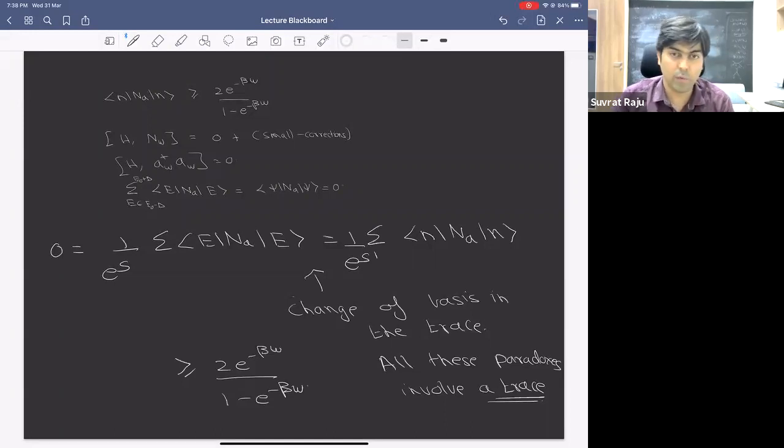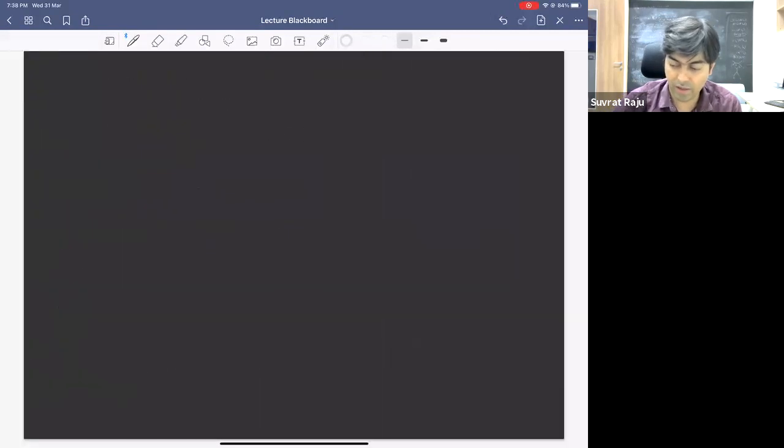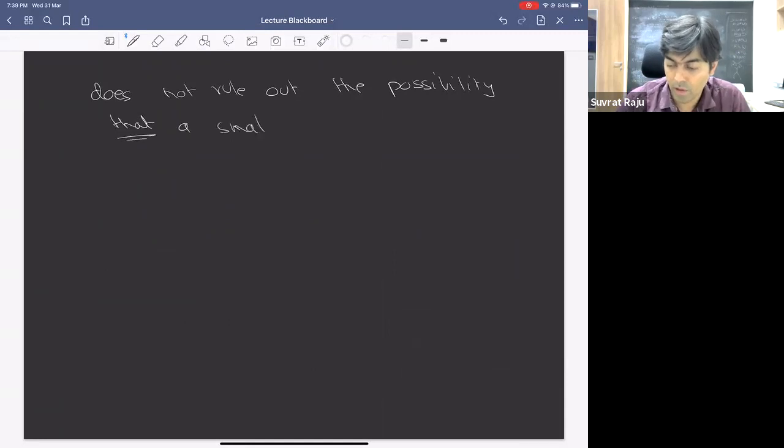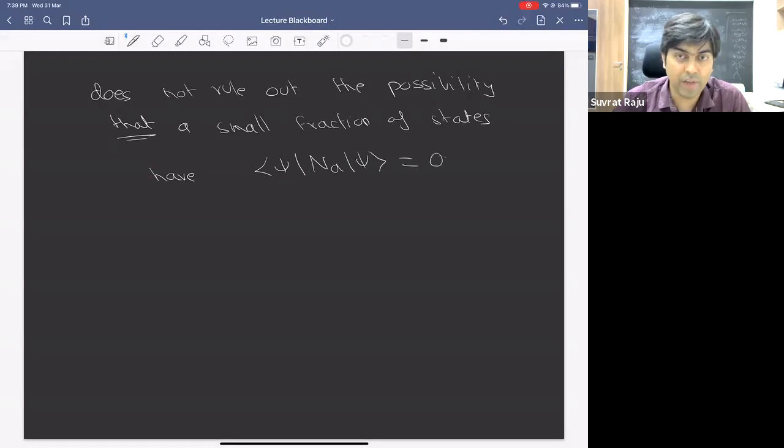And as I said, once again, let me just repeat something I said. This does not rule out the possibility that a small fraction of states sometimes people say we formed black holes from collapse, and we see that when you form a black hole from collapse, the horizon is empty and there are no large effects and there's no formation of firewall.